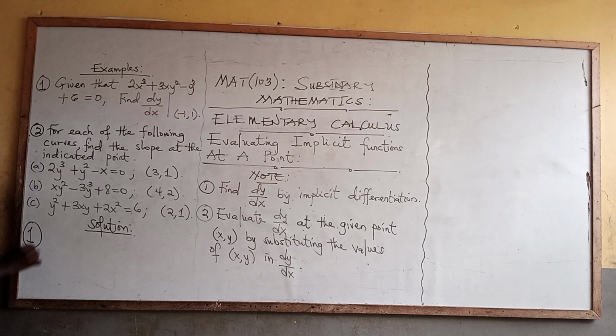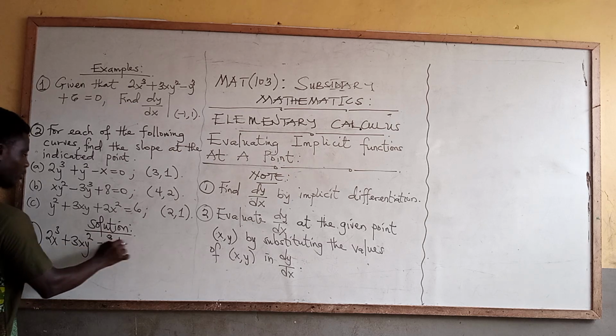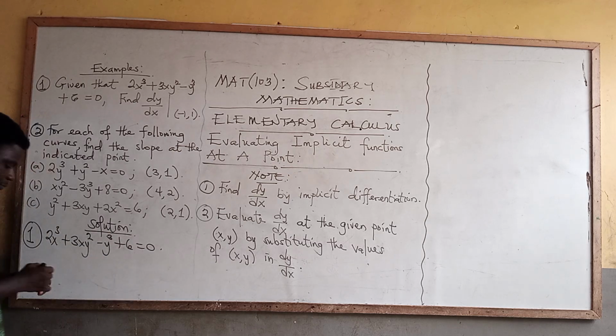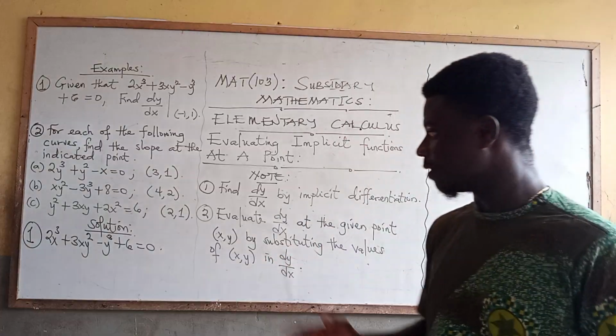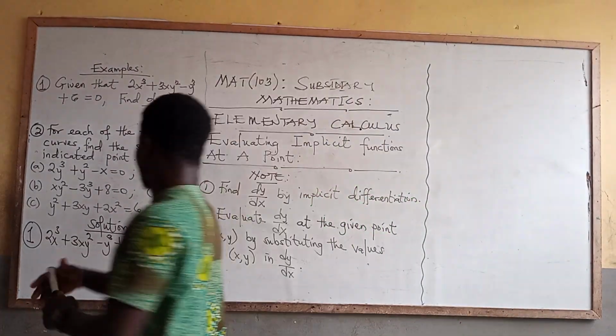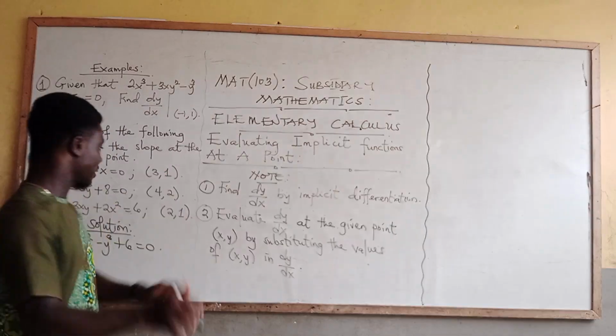So I have 2x cubed plus 3xy squared minus y cubed plus 6 equals 0. So how best can we find dy/dx? We have to take the derivative of this function with respect to x.